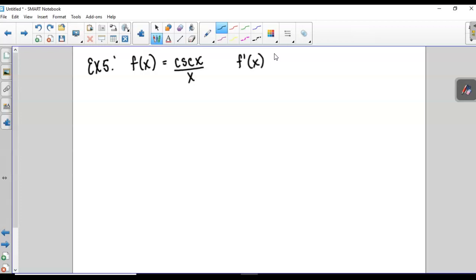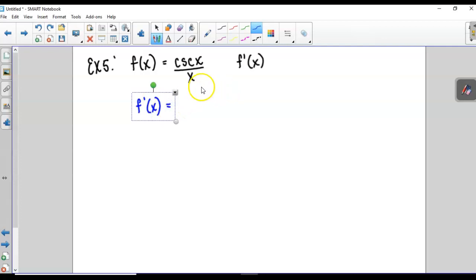So if we're doing this problem, we could change cosecant to 1 over sine, but the fastest way to do this problem is just to use the quotient rule.